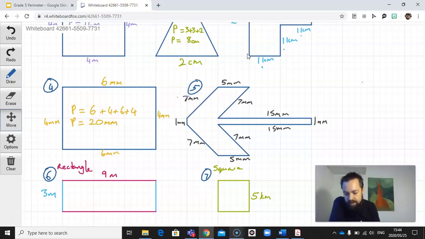Next one, also in millimeters. I will give you guys a moment to start off with this one. So P equals, and see if you can figure it out.